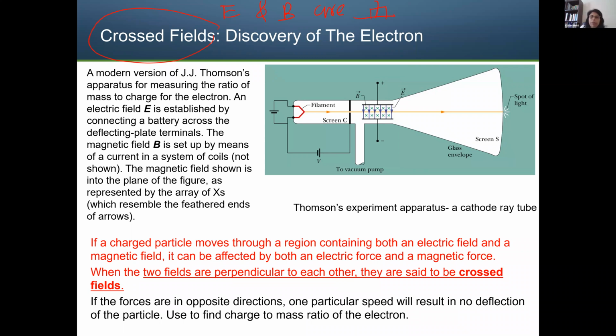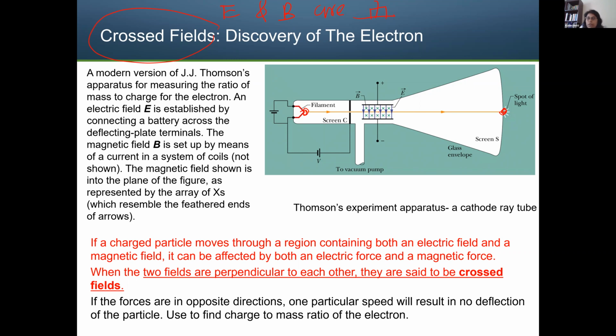If you need to project the electron from here to here, when you project it through your projector and it goes through the magnetic field, it should not bend upward or downward. It should travel in an exactly horizontal line. To do that, there should be two forces acting on it. One is your electric force, the other is the magnetic force, right? If it is an electron, you know how to use the direction. One will be in the downward direction.